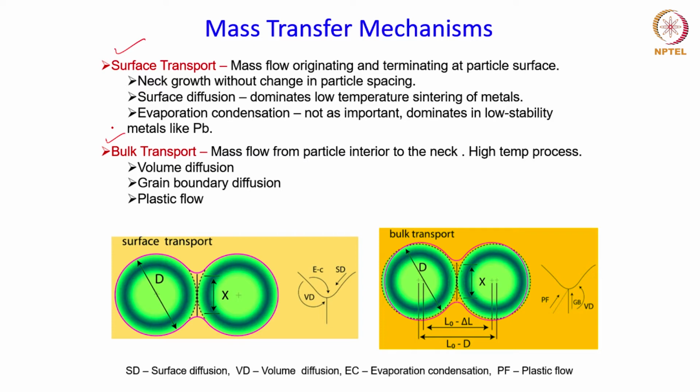However, only some of them will lead to shrinkage or densification. Therefore, a distinction can be made between densifying and non-densifying mechanisms. Grain boundary diffusion, volume diffusion and plastic flow all lead to shrinkage, so these are densifying mechanisms.